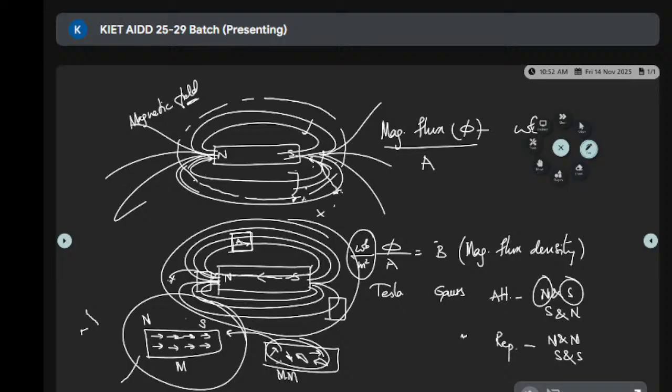Induction, induced. So this magnet will induce this material to behave as a magnet. It will orient the direction of the dipoles.